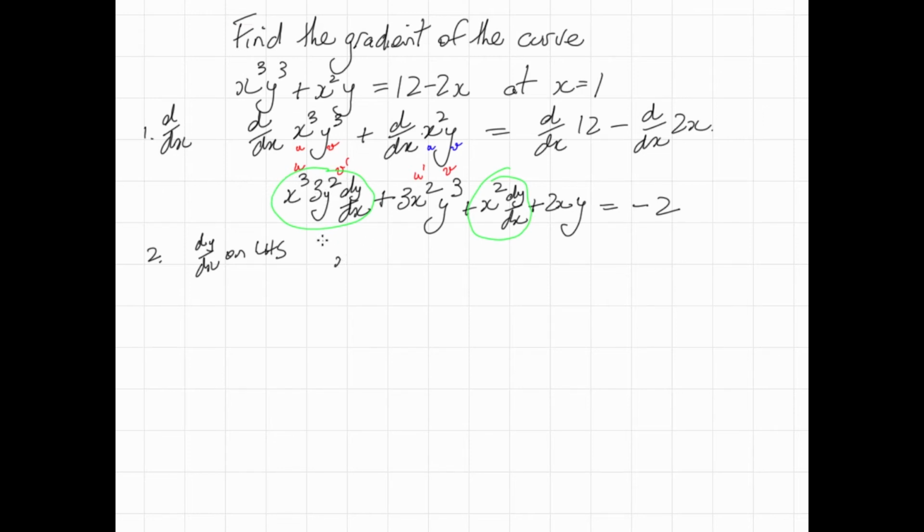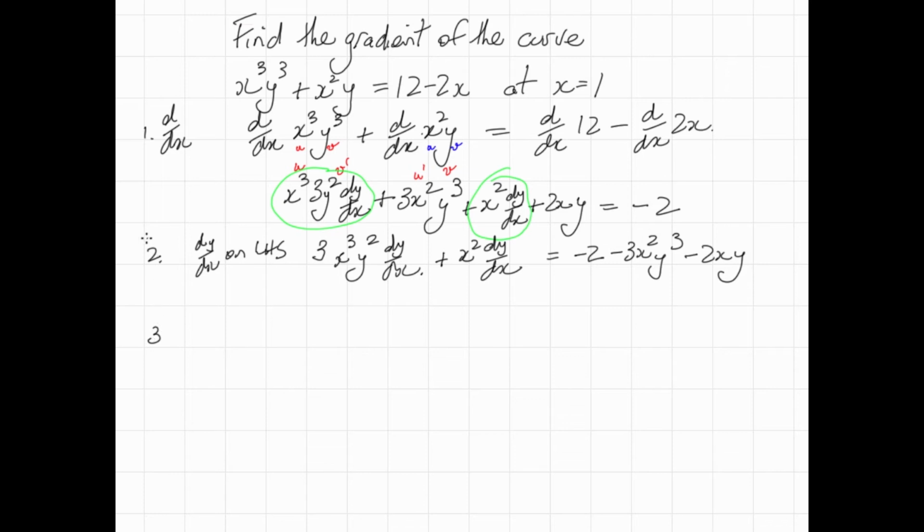We'll put the 3 at the front. So we've got 3x cubed y squared dy/dx, that's that term, plus x squared dy/dx. It doesn't matter if dy/dx is at the front or at the back. Equals negative 2, which stays where it is. This comes over, so it's negative 3x squared y cubed. And this term here comes over, so negative 2xy.